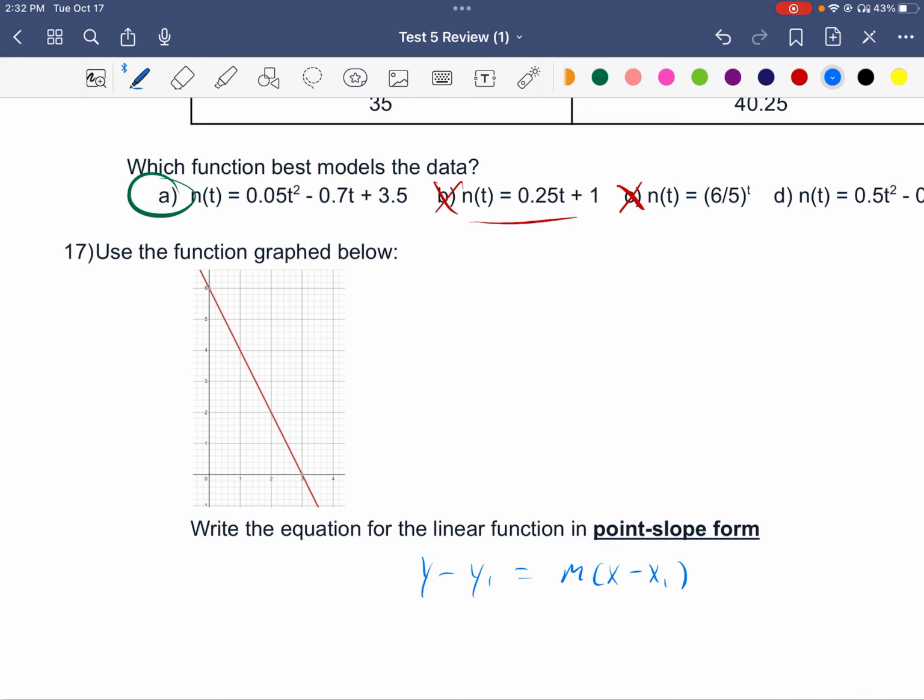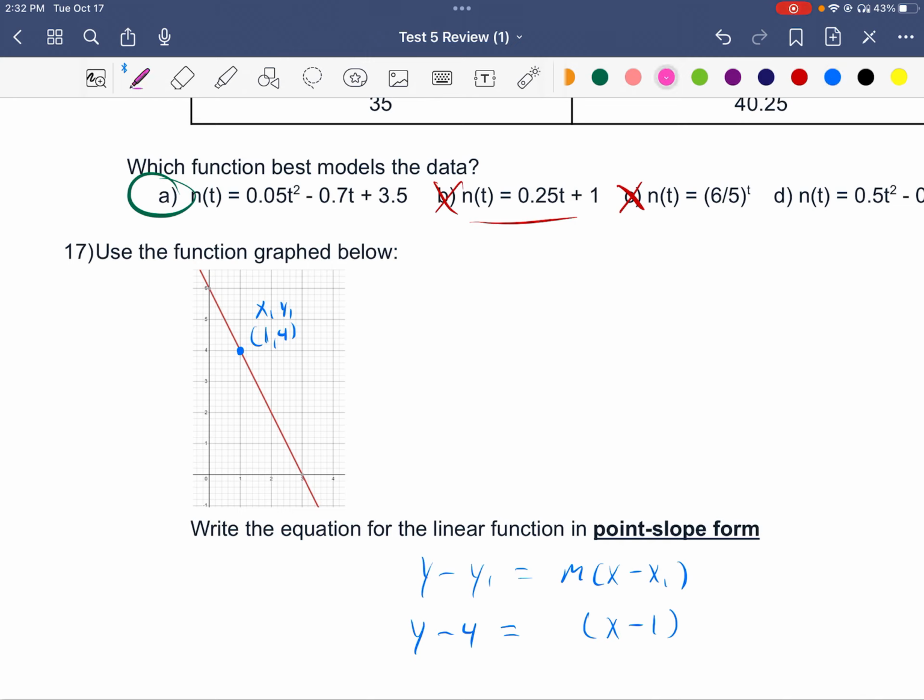So let's use, I don't know, let's use 1 comma 4 as our point. So all I'm going to do is fill that in for x and y. So y is 4. Slope I didn't do yet. X is 1. Let's calculate the slope.